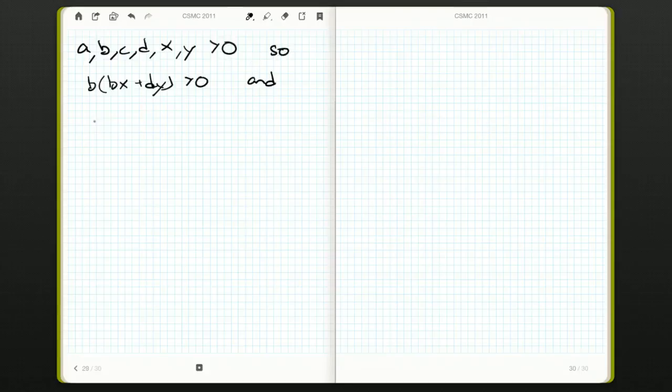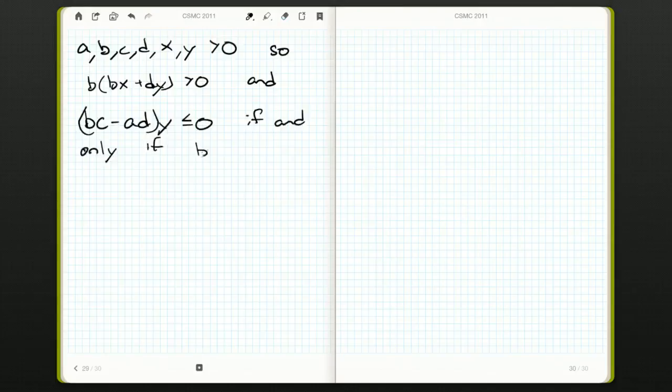And that top part, so bc minus ad times y, is going to be less than or equal to 0 because y is positive.